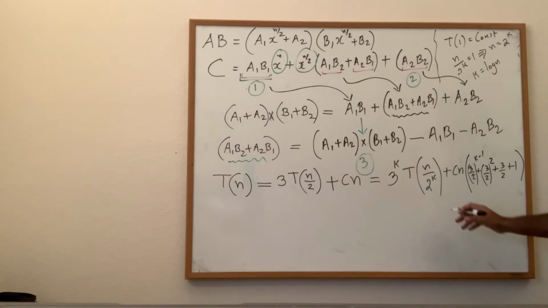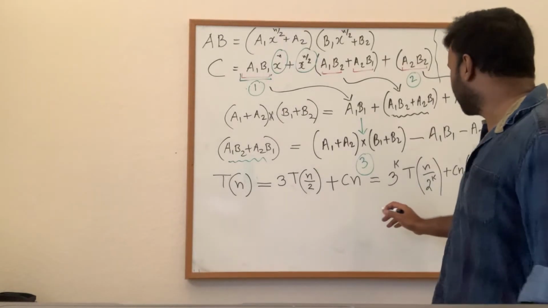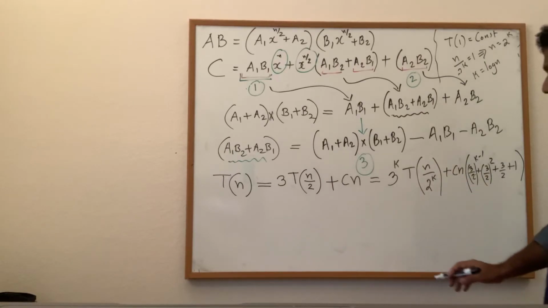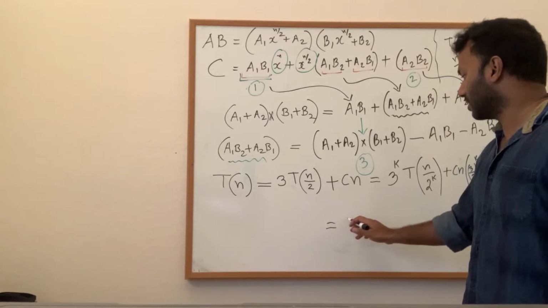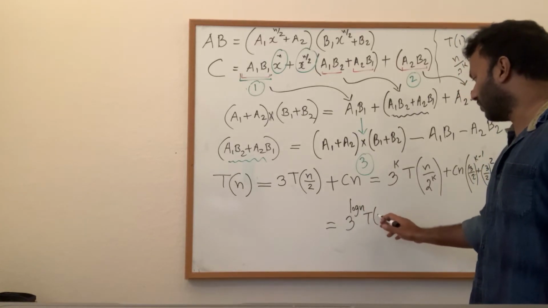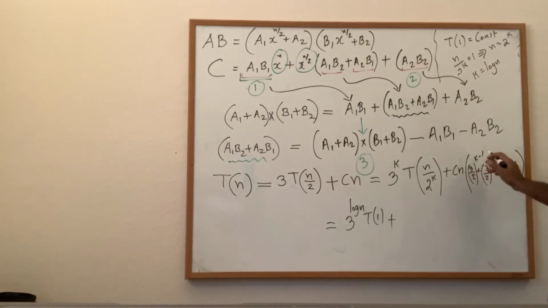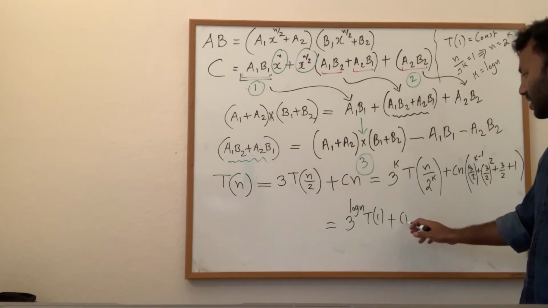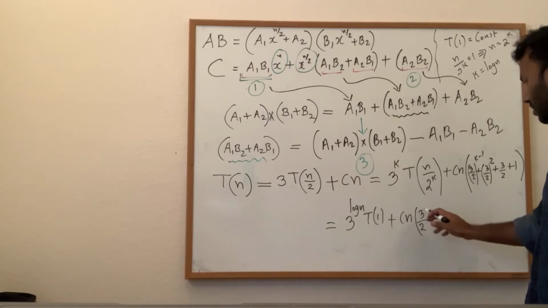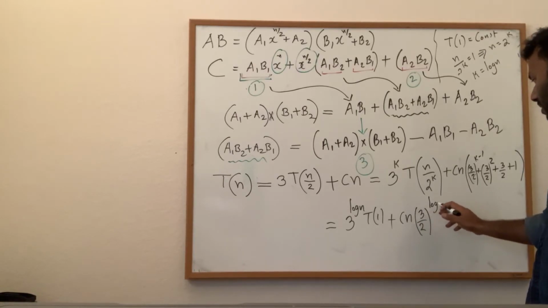And we want to make sure that this quantity is 1, therefore n is going to be equal to 2 to the k, or k is equal to log n. So this will look like this: 3 to the log n multiplied by t of 1 plus this whole quantity will become cn times 3 over 2 raised to log n.